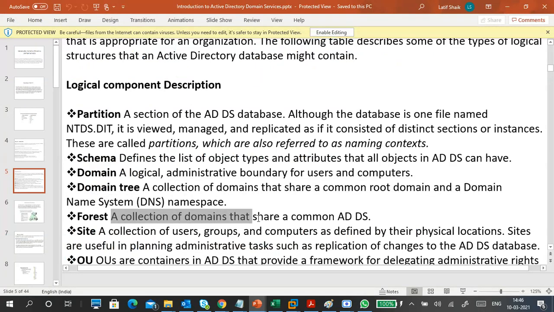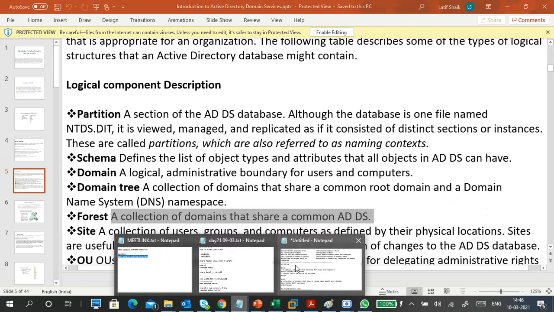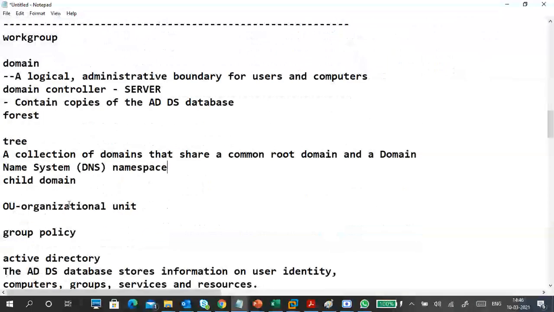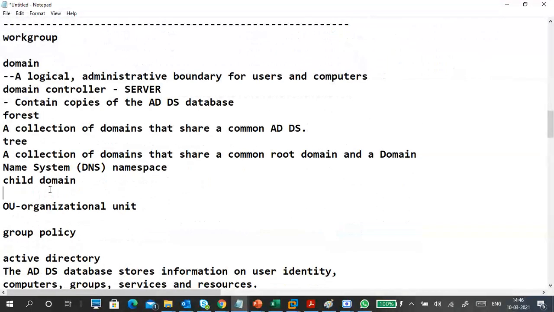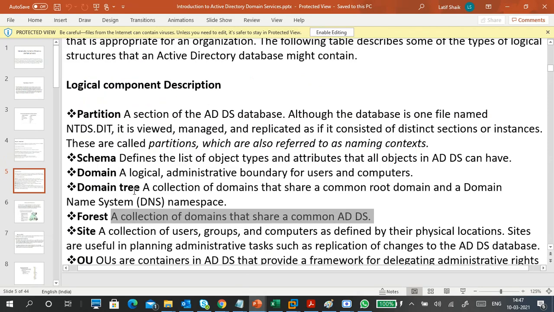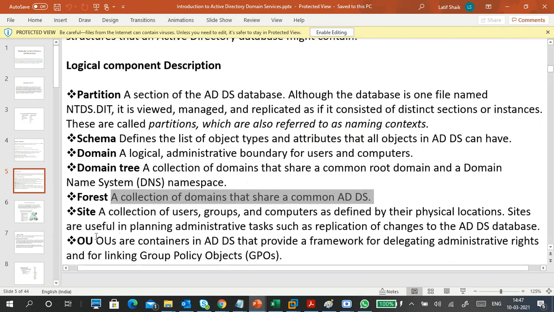What is a forest? A collection of domains that share a common ADDS. I will explain each and everything. Child domain is not there in this definition, so we'll see that later.